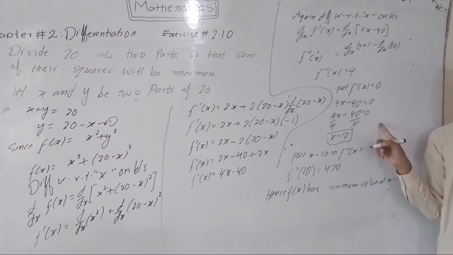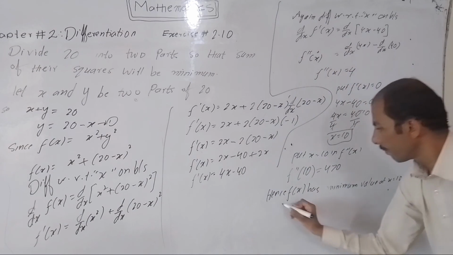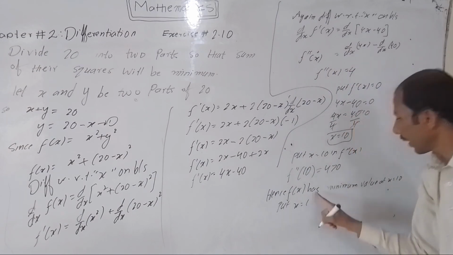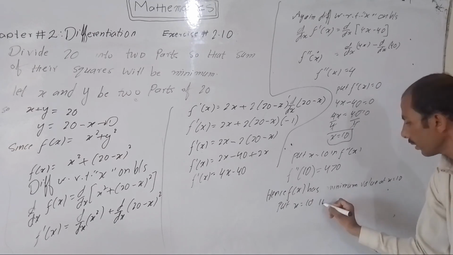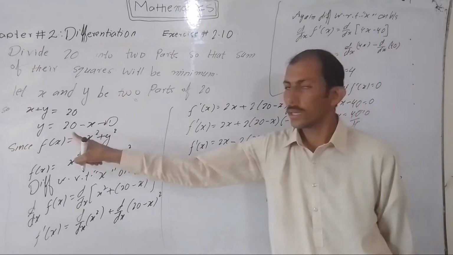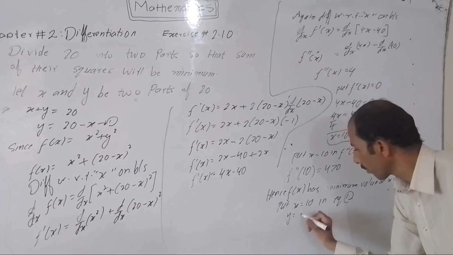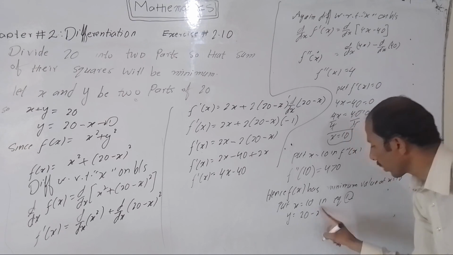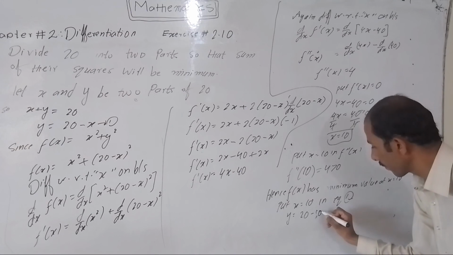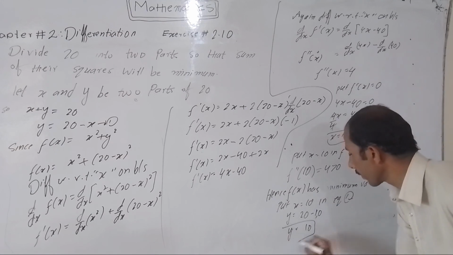Put x is equal to 10 in equation 1. So y is equal to 20 minus x, 20 minus 10 is equal to 10. So y is equal to 10.